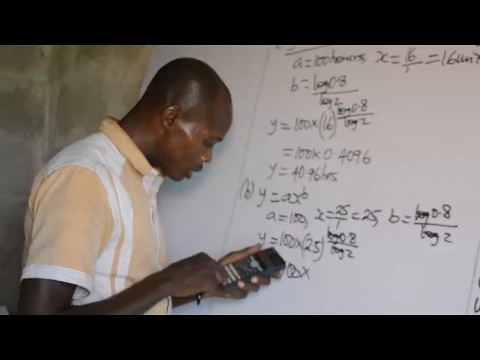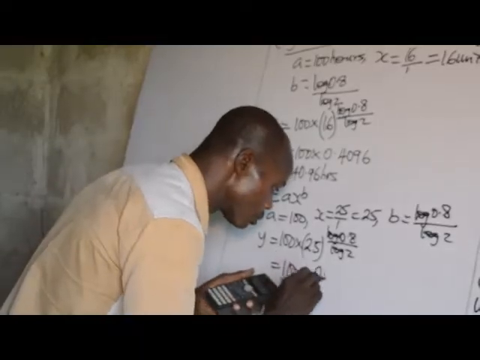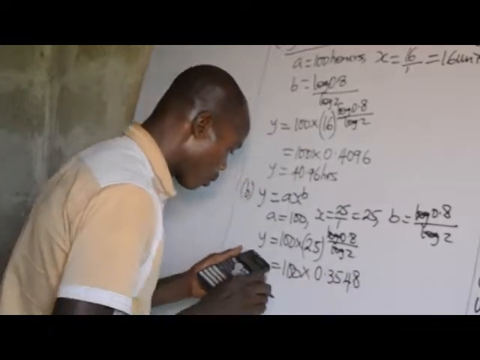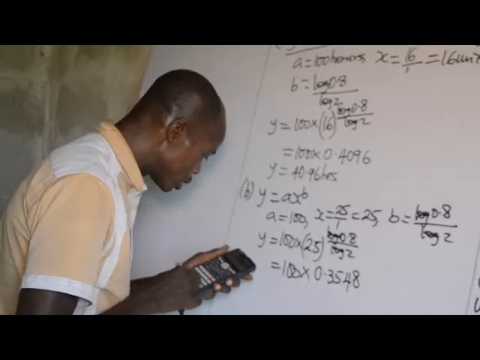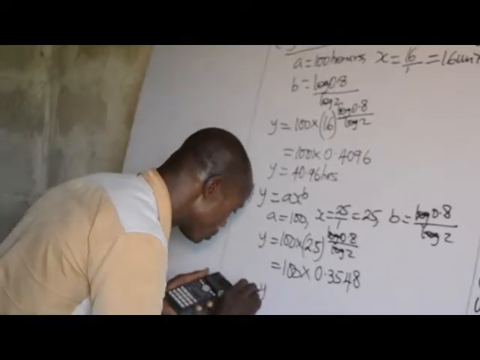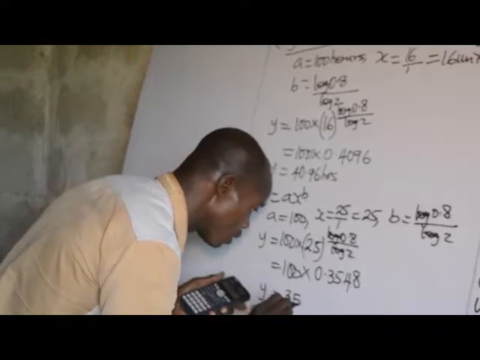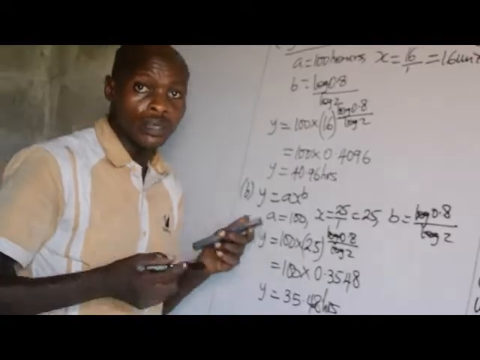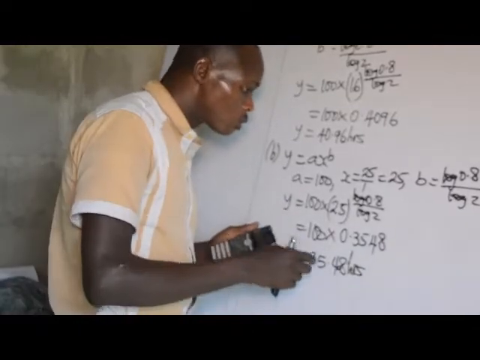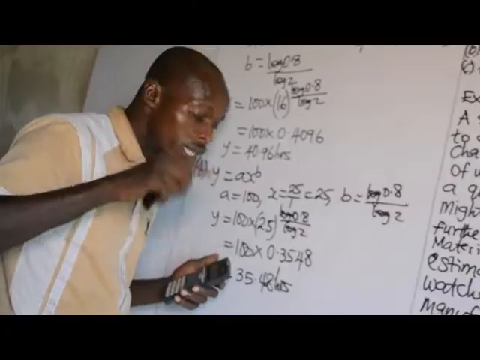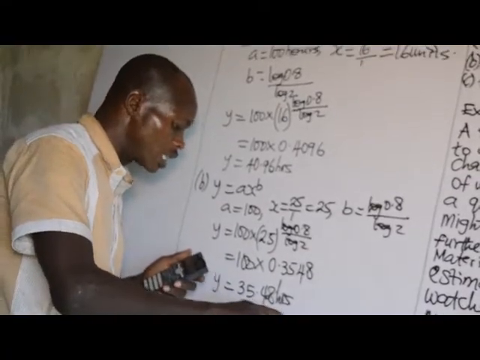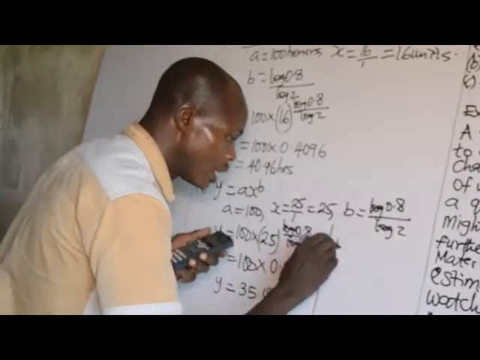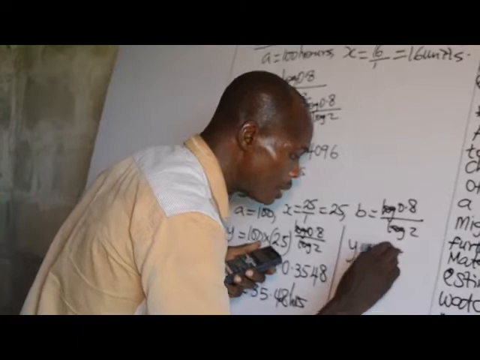That gives us 0.3548. If you multiply that by 100, then Y will be 35.48 hours. To produce 1 unit from the total of 25 units, it will take you 35.48 hours.